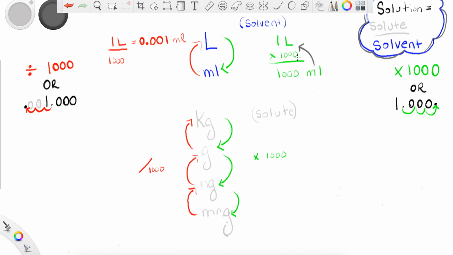Now you can multiply it, or you can move the decimal point. If we start out with our 1 liter of solvent and want to find out how many milliliters that equals, we can always imagine there's an imaginary decimal point to the right of a whole number. Not a fraction of a number, but a whole number.